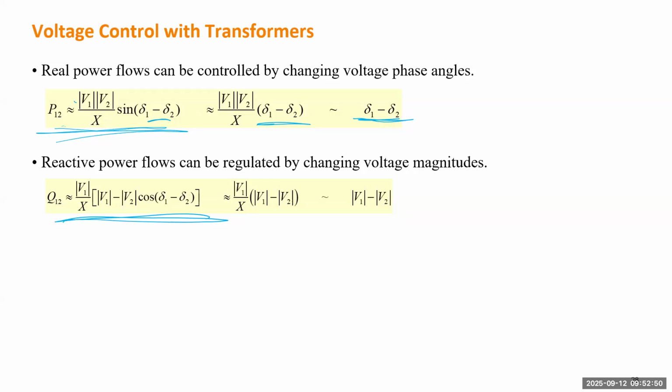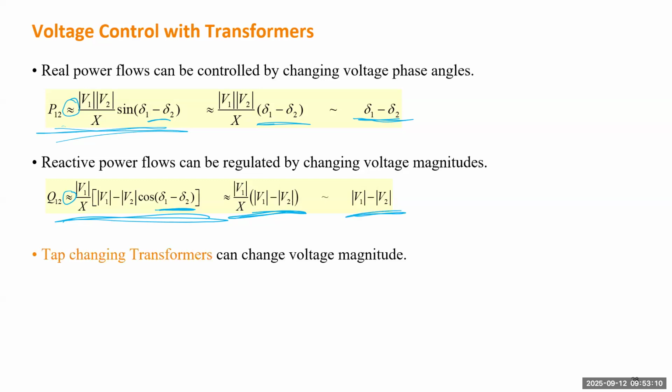Reactive power flow is calculated based on this formula if we ignore the loss. So this approximation is because we ignore the loss. Okay, if you want to consider loss, there will be another more accurate formula you need to find from the previous section. So if the angle is very close, the reactive power mainly depends on the voltage drop or voltage difference.